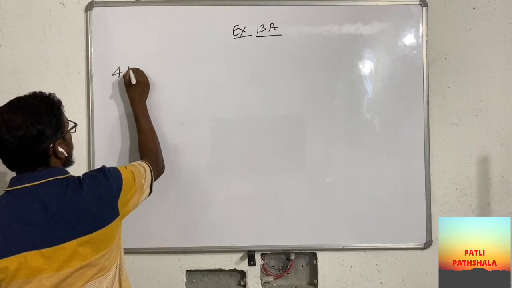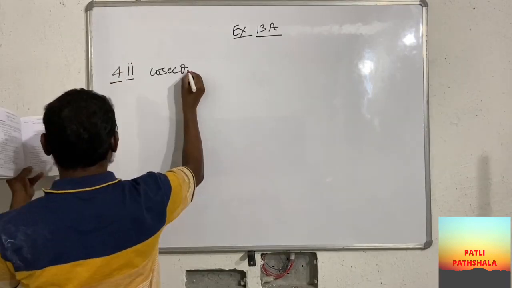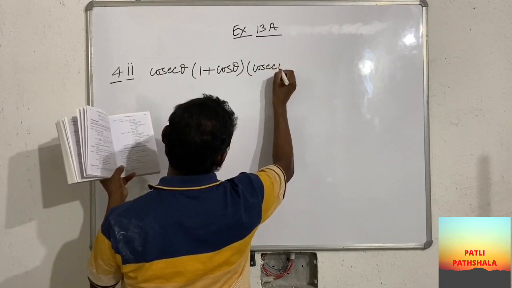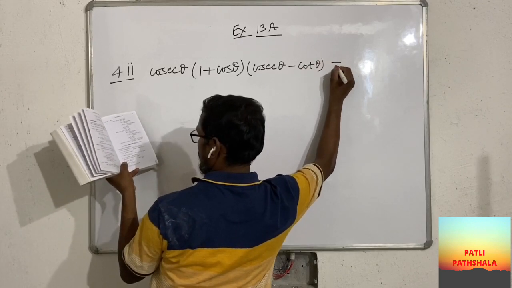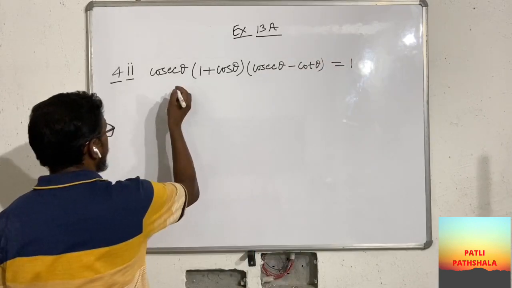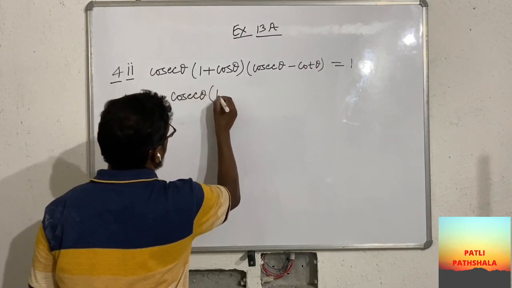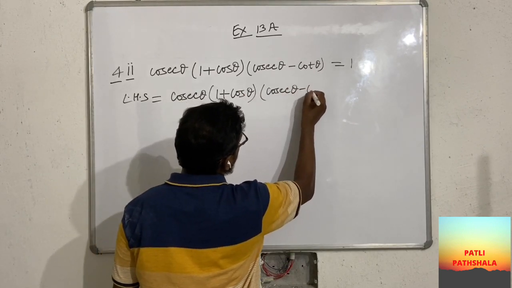Number 4, 2. Our question is cosec theta into 1 plus cos theta, into cosec theta minus cot theta, is equal to 1. We have to prove this. We take LHS. LHS is cosec theta into 1 plus cos theta into cosec theta minus cot theta.